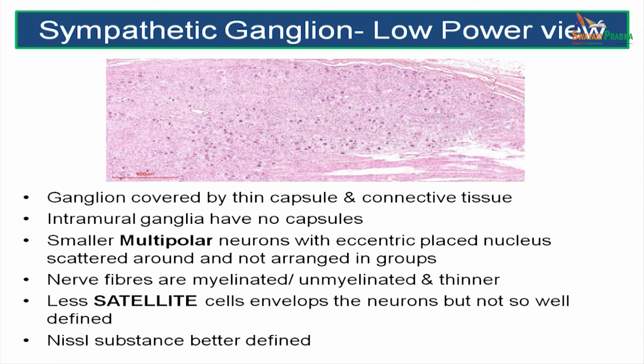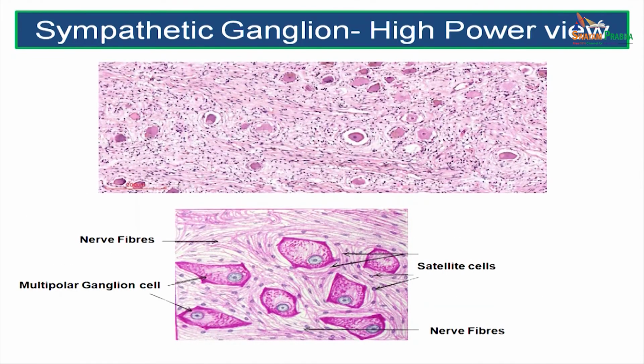Because the ganglion cells are multipolar, the satellite cells will not be very well arranged around them. So, if you look at a high power view of the slide, you see here, these are the ganglion cells. They have edges and they have an eccentrically placed nucleus, not in the center. And there are many myelinated and unmyelinated nerve fibers coursing through the ganglion.